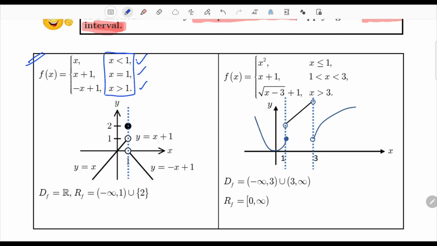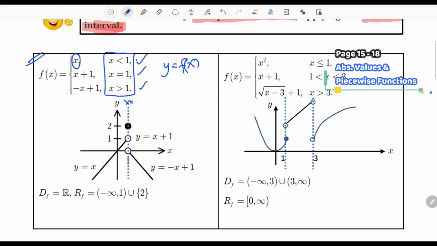So before 1, that will be the graph of x, meaning f(x) equal to x. So that's the line. So if you have y equal to f(x), now y equal to x before 1. So this is 1. This is where we have x equal to 1. So before 1, this is the graph. It passes through the origin.